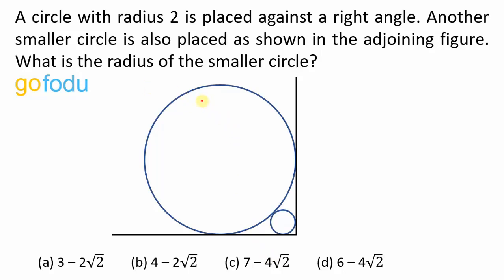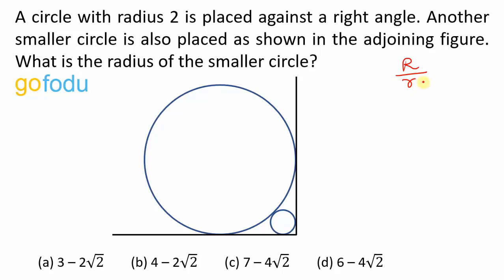Like in this question, if this outer circle gets bigger, this inner circle will also get bigger in the same proportion. That means the ratio of the radius of the outer circle to that of the inner circle is going to remain the same.